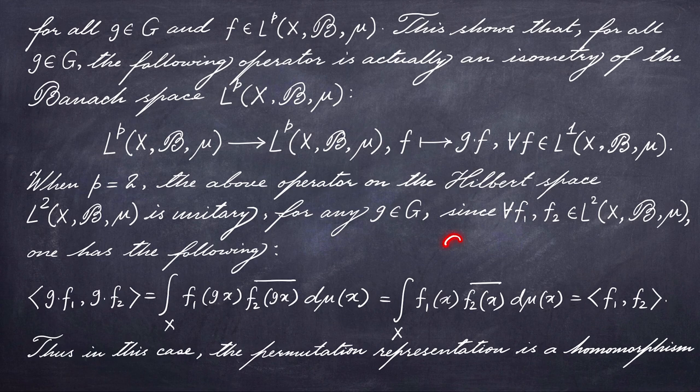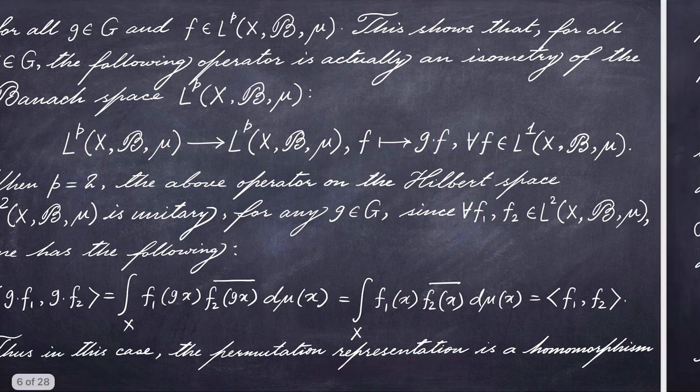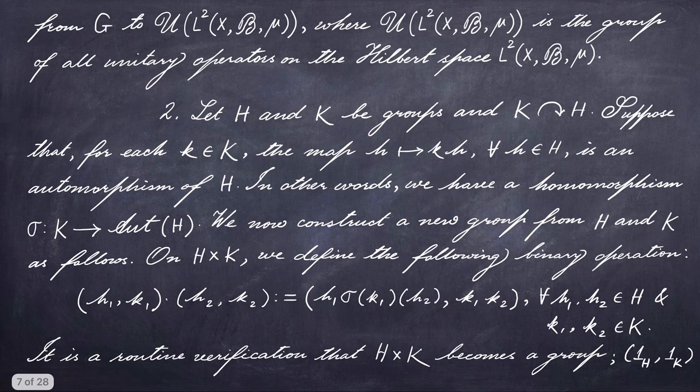So therefore, in general, G acts on L^p spaces by isometries, and in the case of p equal to 2, we see that G acts on L2 by unitary operators. So for this action of G on L2, the permutation representation is in fact a homomorphism from G to this unitary group.